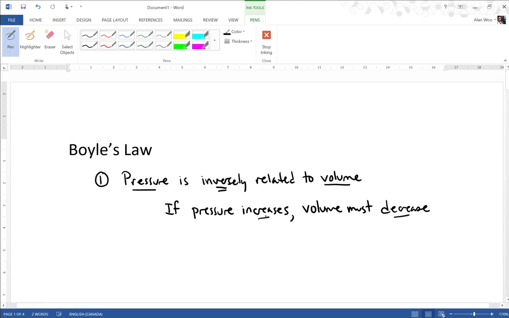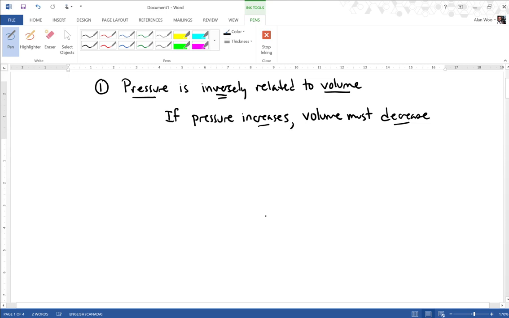To visually express this relationship, if we just drew a little beaker, and let's say that there's a lid or piston, okay, so there's a cover at the very top that we can move up and down, and inside the beaker, let's say we have a few molecules of gas.